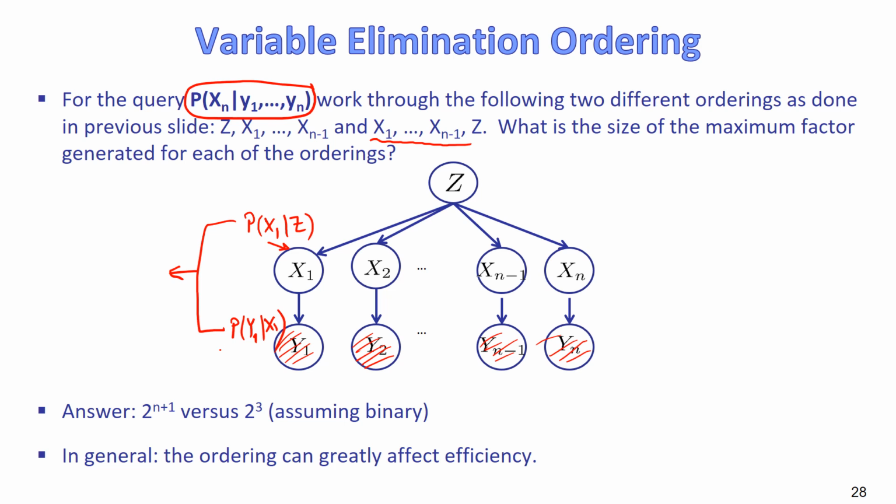Anyone? What we said last time is that when we have something like this, we will get a factor that has, before the conditioning bar, the union of the variables that appear before the conditioning bar. So we have x1 and y1.